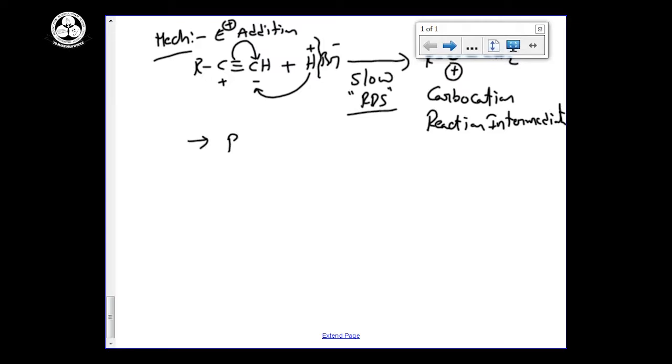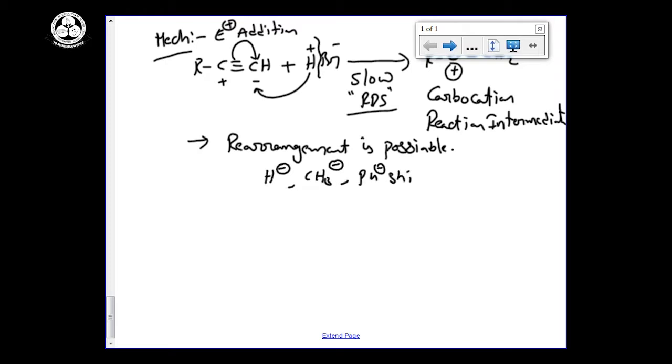So rearrangement is possible. What is that rearrangement? How many varieties of rearrangements do we have? Hydride shift, methyl shift, and phenyl shift. So rearrangement possible means a hydride shift, methyl shift, and phenyl shift is possible.